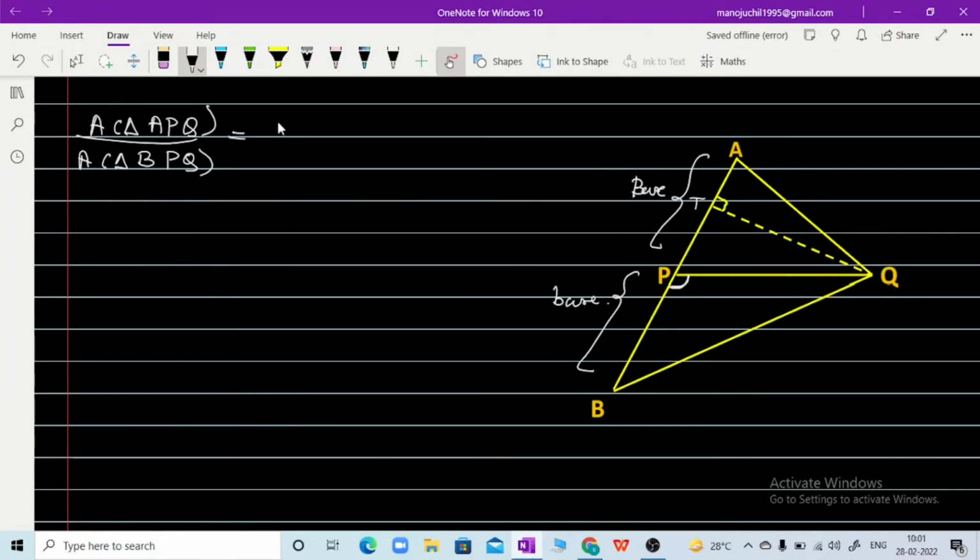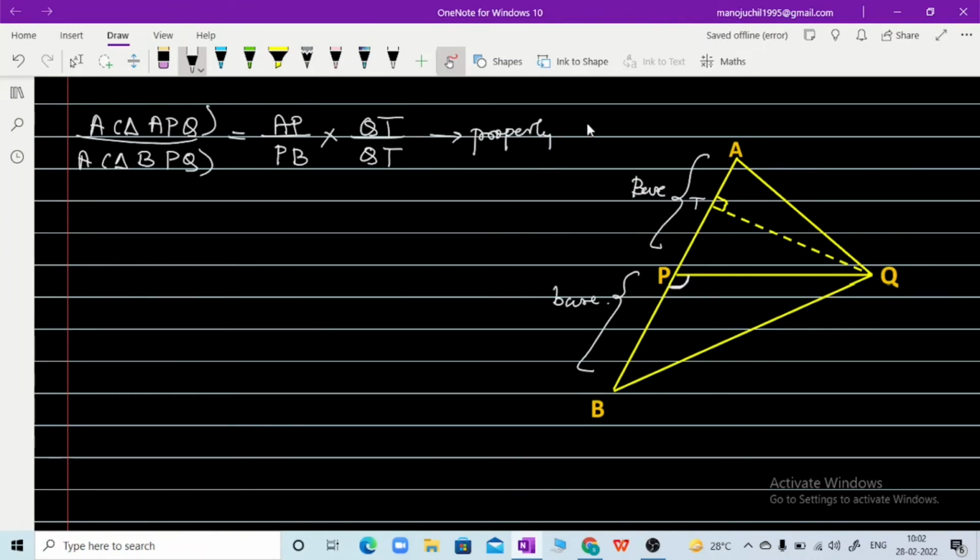It should be base upon base, that is AP upon PB, multiplied by, for the first triangle APQ, height QT, upon, for the second, obtuse triangle PBQ, the height is again the same, QT.